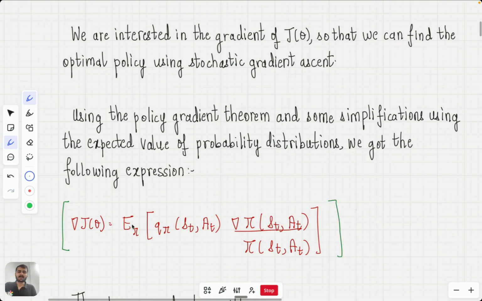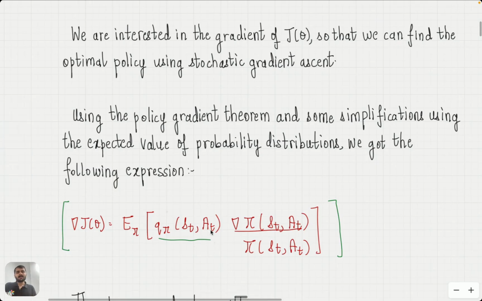which is the expected value over the policy of multiplication of two parameters. The first is what are the expected rewards you are going to get after choosing action at while being in state st. This is the first term. And the second term is given by grad pi divided by pi.